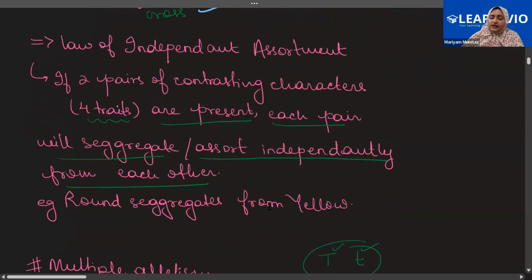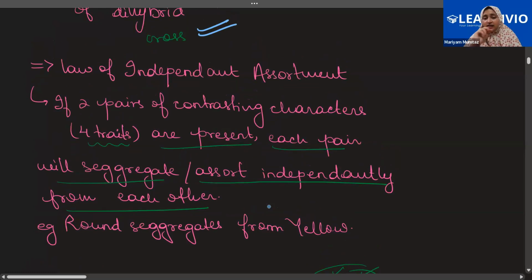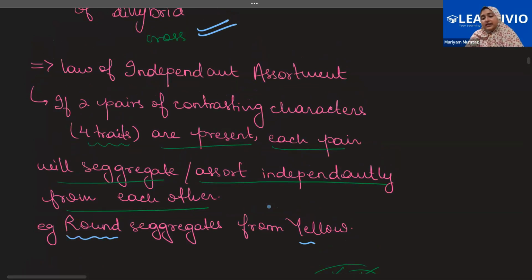Now, the law of independent assortment says that if two pairs of contrasting characters, meaning four traits altogether, are present, each pair will segregate or get assorted independently from each other. Why? Because when we make the crosses, the round is also shown in the offspring, and so is the yellow.